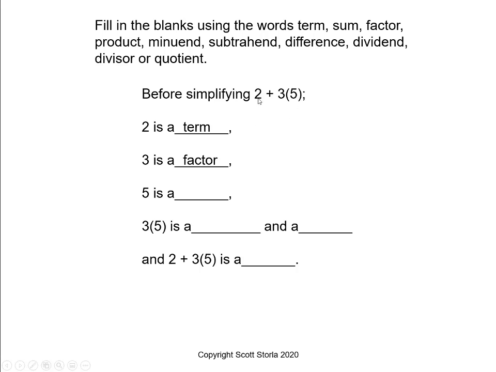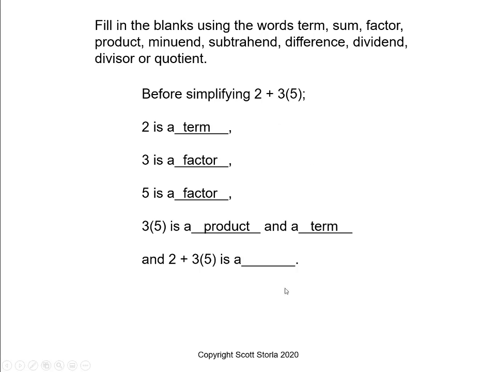So 2 is a term, 3 is a factor, 5 is a factor, and then the 3 times 5 is both a product and a term. Because once we find the product, that's what we're going to be adding to the 2. And so the 15 is actually to the right of the addition symbol.